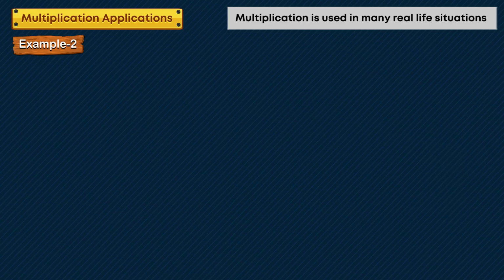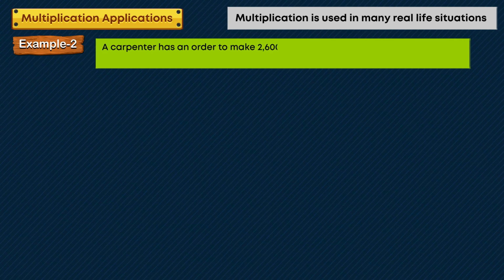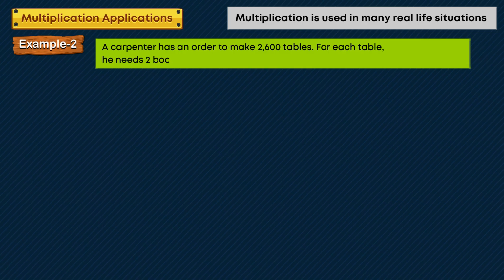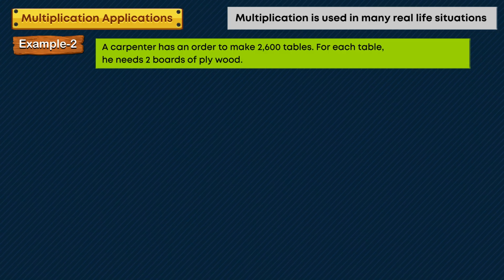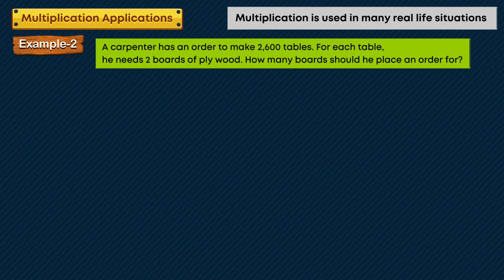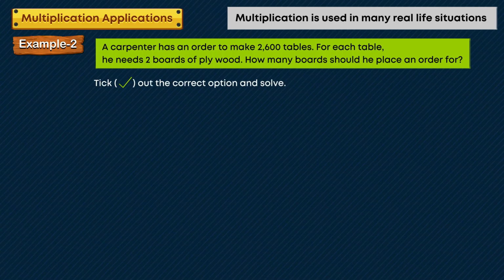Example 2. A carpenter has an order to make 2,600 tables. For each table, he needs 2 boards of plywood. How many boards should he place an order for? Tick out the correct option and solve.